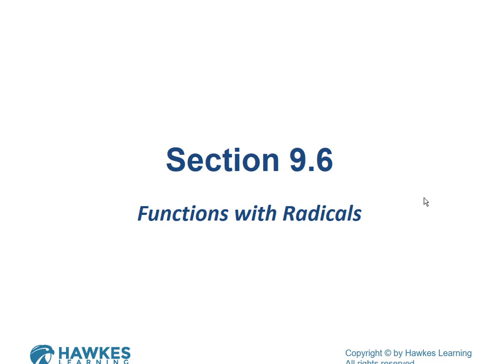Now, as we go into topic 6, our last section of chapter 9, we're going to be dealing with functions with radicals. So, back in 1103, we did some functions, but let's just do a little review here.